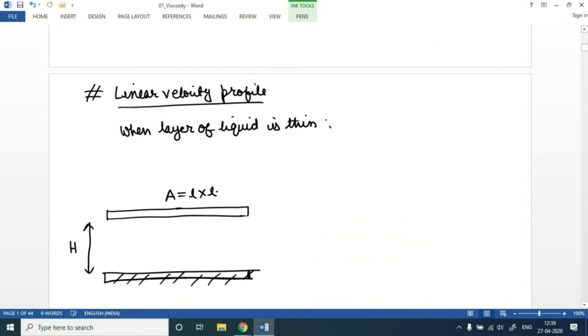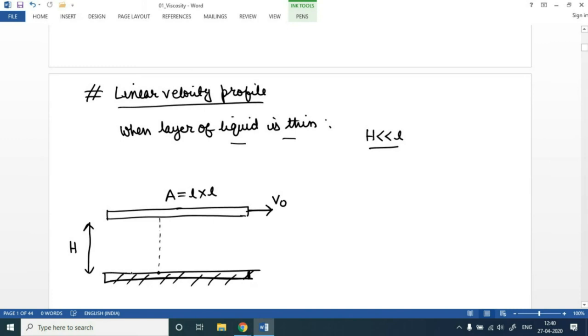This is say a square plate, and when I say that the layer of liquid is thin, what I mean to say is that h is much less than L. So when h is much less than L, we can assume the linear velocity profile. For example, if the upper plate is dragged externally with some constant velocity V0 by applying some external force, since this h is very small, the velocity profile created would be like this.